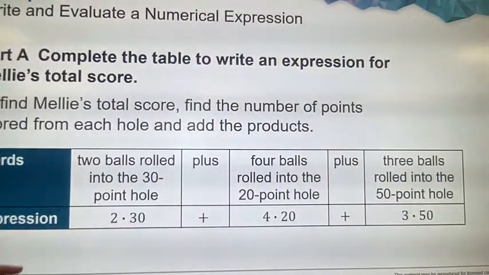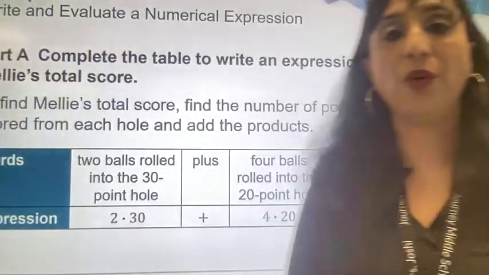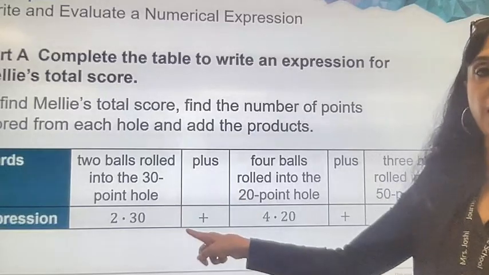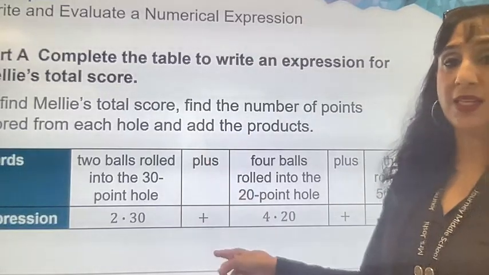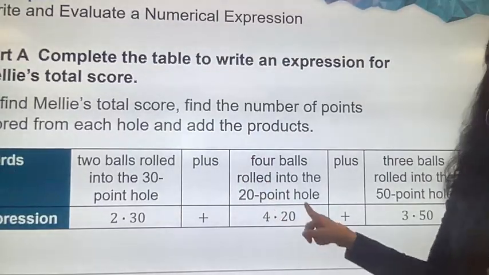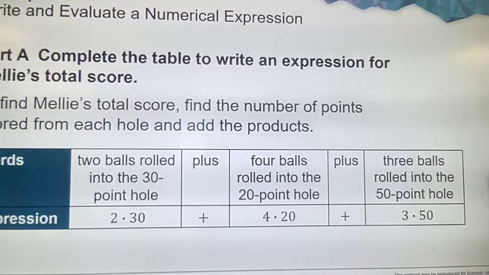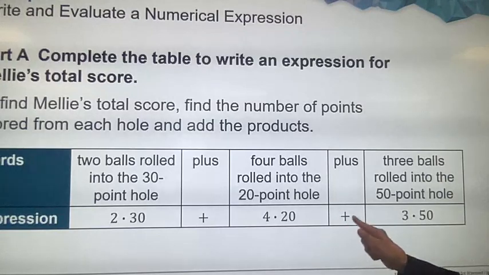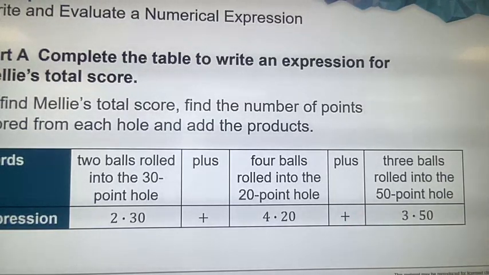We have 2 times 30 plus 4 balls rolled into the 20-point hole. So it's 4 times 20 plus 3 balls rolled into the 50-point hole, which is 3 times 50. Okay, so that was the first part, writing it out as a table.